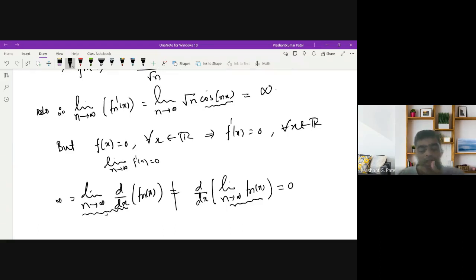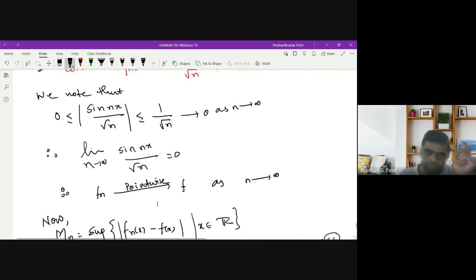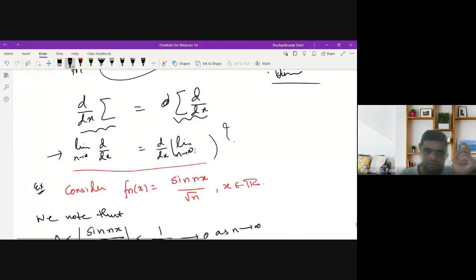In the integration we have already proved that the limit and the integration sign can be interchanged under uniform convergence, but this cannot be done for differentiation. The reason for this we already got, that is the last thing. That means under uniform convergence this statement is not true.